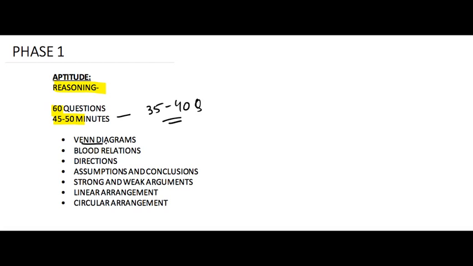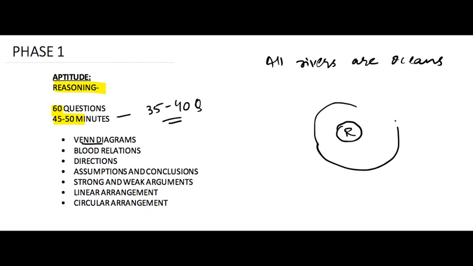The first one is Venn diagrams. In Venn diagrams, there might be a question like, all rivers are oceans. So the Venn diagram for this would be a smaller circle called rivers surrounded by a bigger circle called oceans.